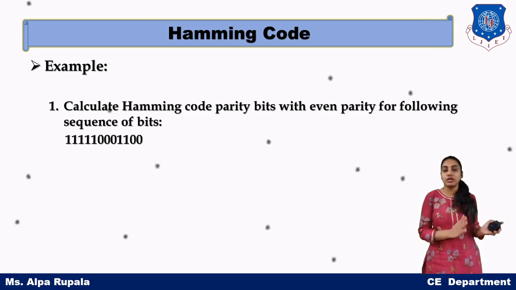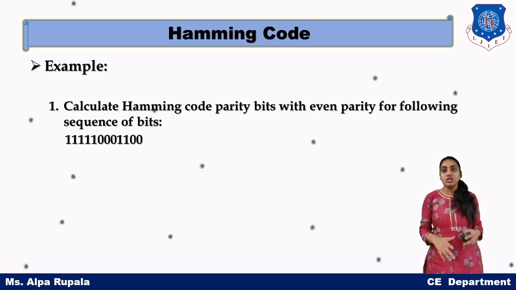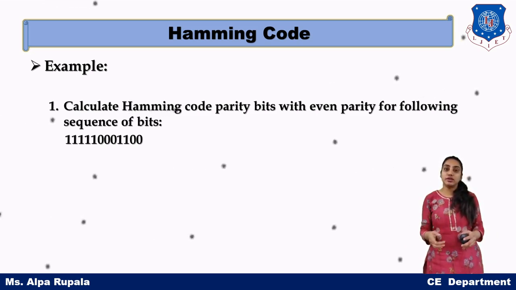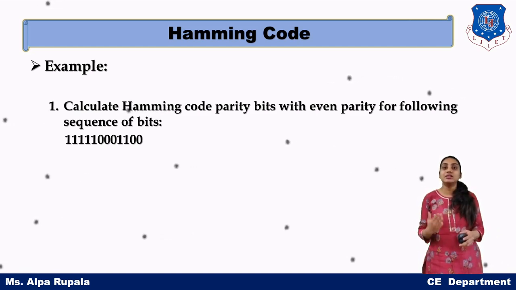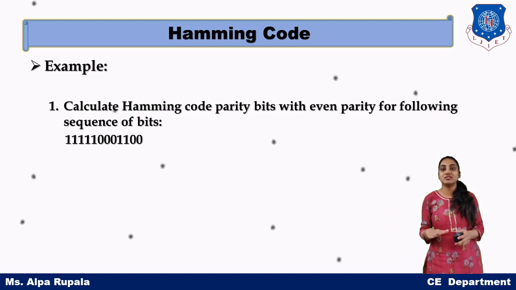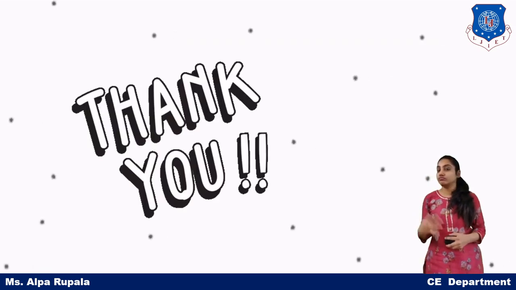Last, Hamming code can correct only a single bit error. If more bits are flipped, then this technique is wasted. So this is the Hamming code technique.